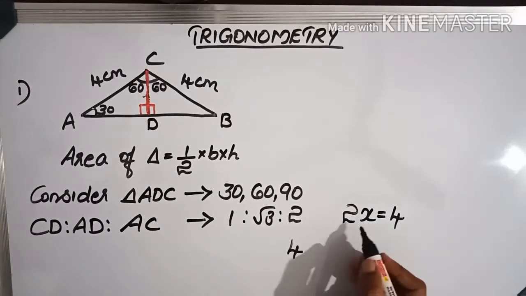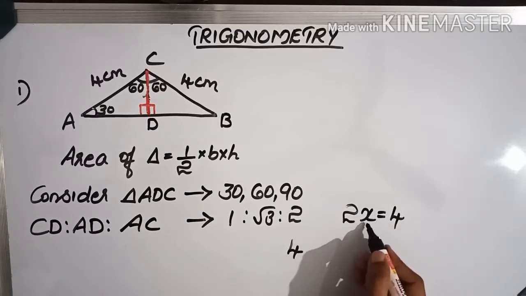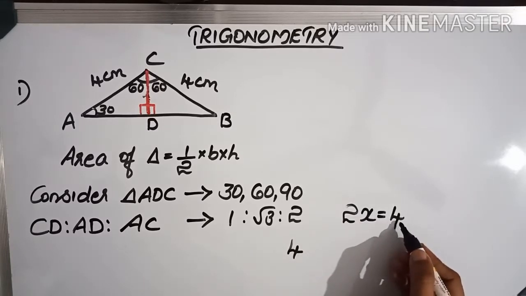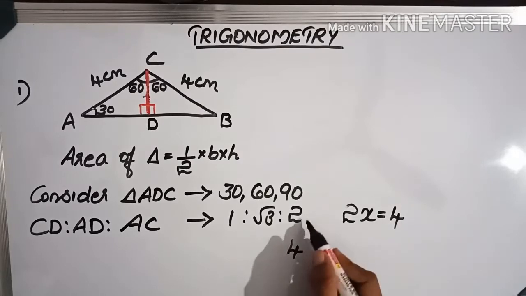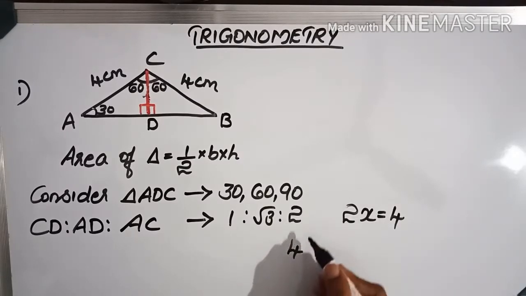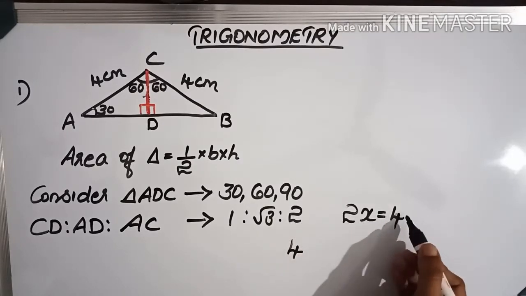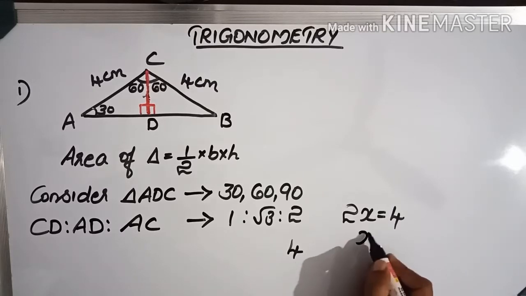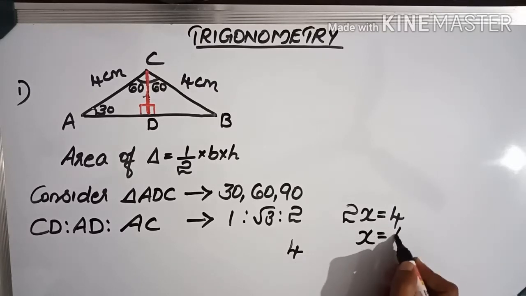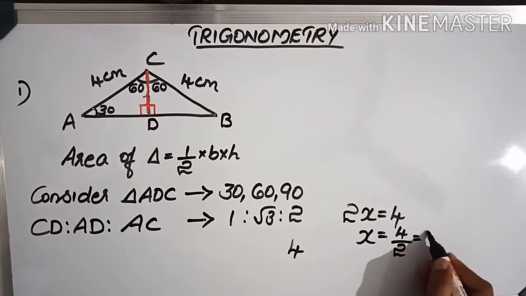That means by multiplying with x the answer comes as 4. Now from this we can find x. x equal to what? 4 by 2. 4 by 2 is equal to 2.